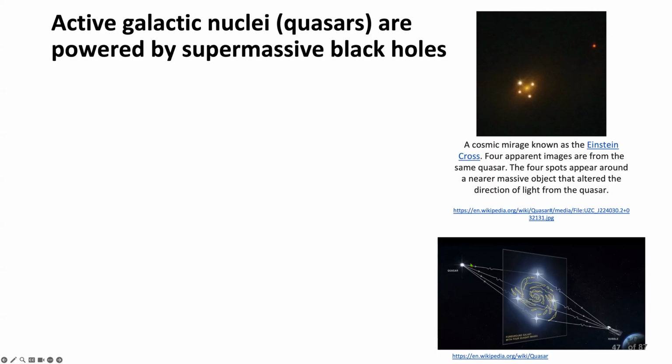The radiation from that time when it was active is still propagating toward us. And if an intervening galaxy is aligned just right, we see multiple images of this object. That's what's happening here. The light from the quasar gets deflected to our telescope here at Earth. And so we have now, because we have these wonderfully capable space telescopes, we can see these kind of objects all over the sky.